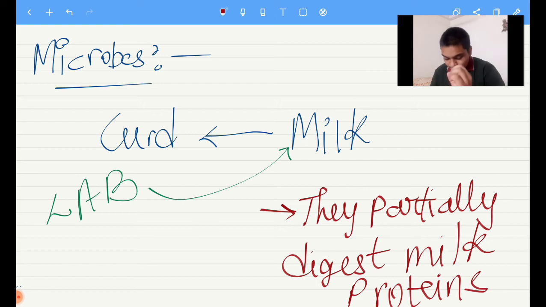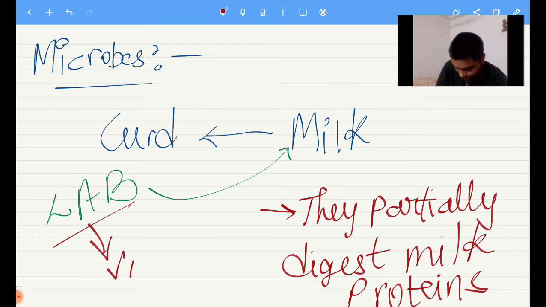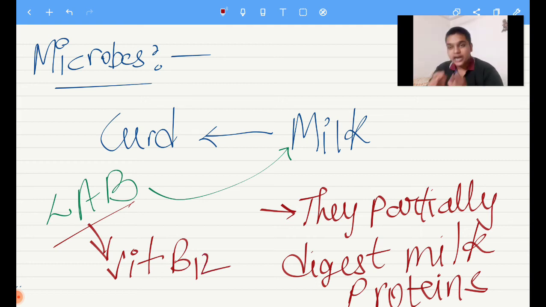These LAB bacteria or lactobacillus bacteria convert milk to curd by secreting lactic acid and vitamin B12, which is the most important thing. Vitamin B12 is secreted, hence this curd which is prepared from milk is very nutritious because of vitamin B12.